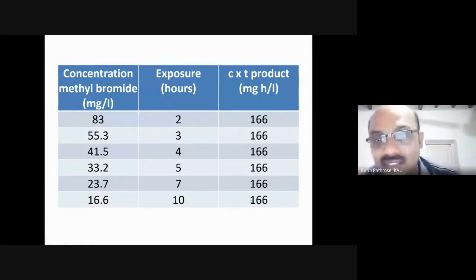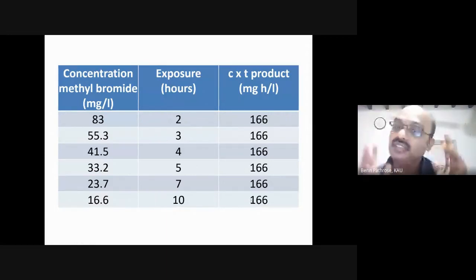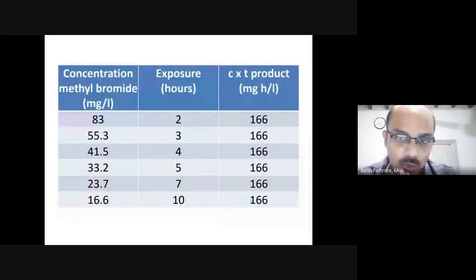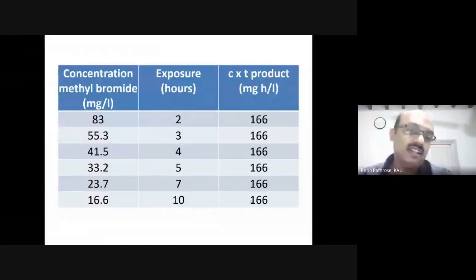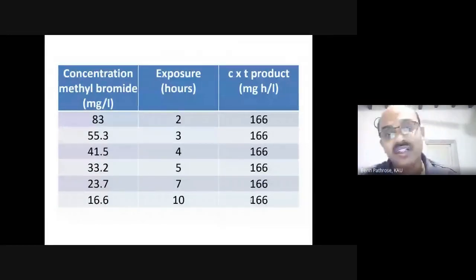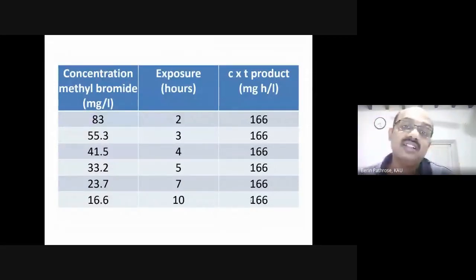So one thing we have to understand is that the CT value, or the concentration into time value, is constant for each and every fumigant. If you are using an extremely high concentration, the exposure period can be decreased. If you are reducing the concentration, then the exposure time can be increased.